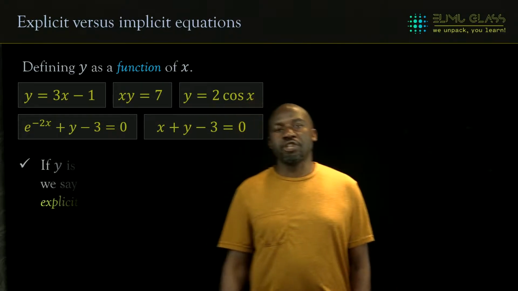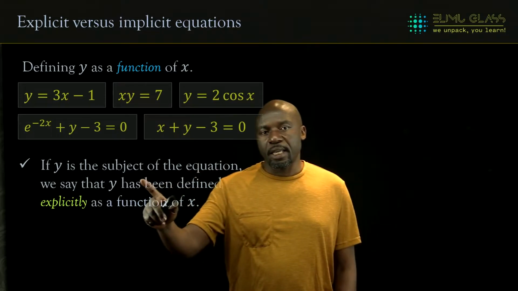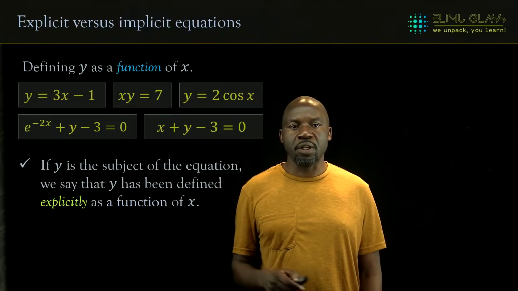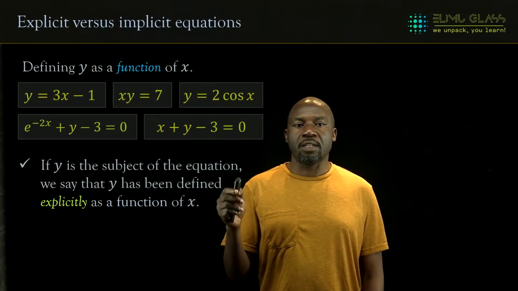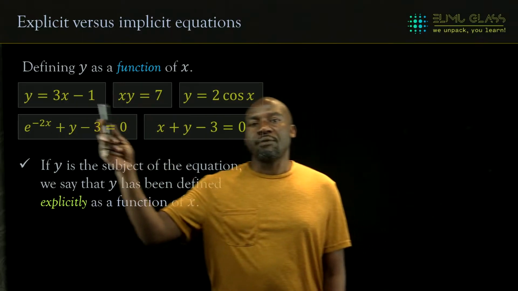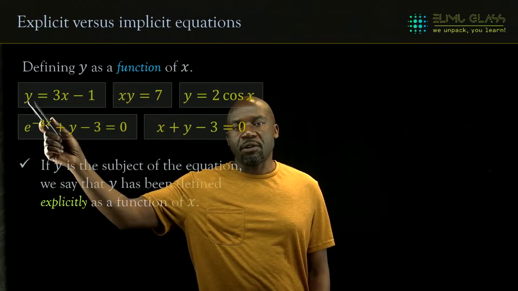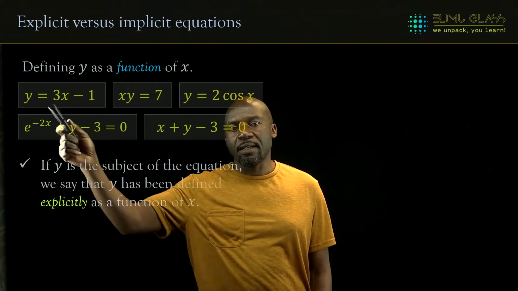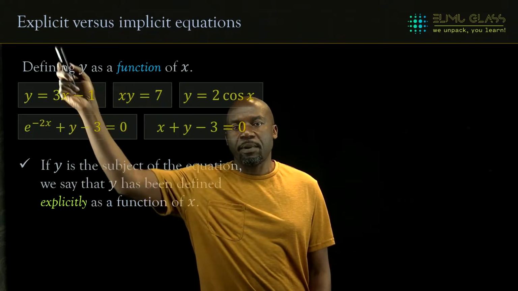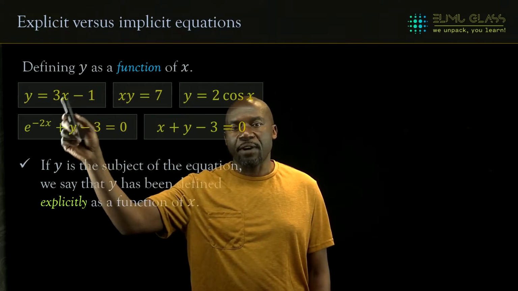In these 5 functions, if y is the subject of a function or the subject of an equation, we say that y has been defined explicitly as a function of x. So if y is the subject of the equation or subject of the formula, then we can say that y has been defined explicitly in terms of x.